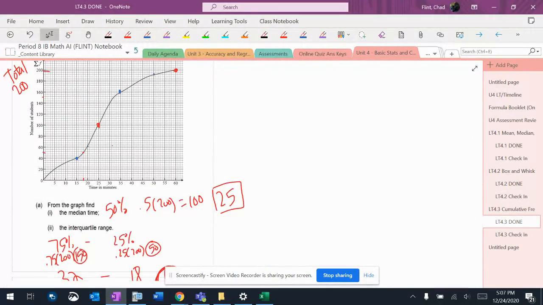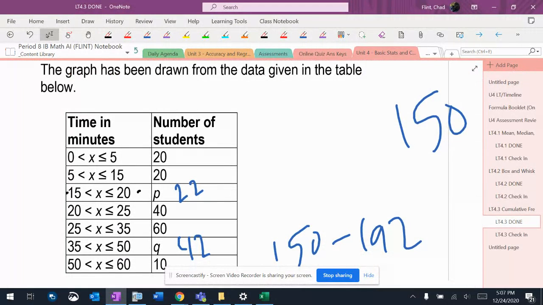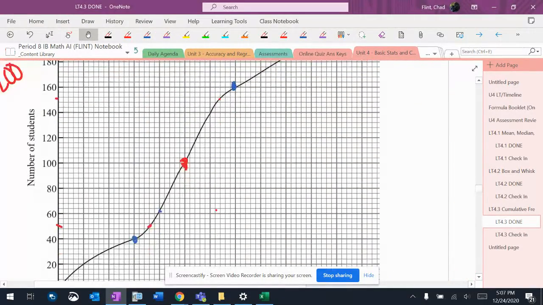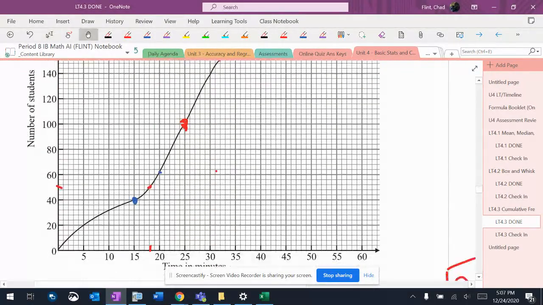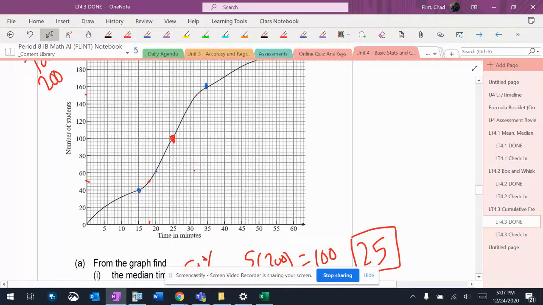Go back. 15 and 20. So 15 is at 40. 20 is at a little bit more than 60, but if I said it's 60, I can say it's 20. So we'll say this is 40 to 60, and we'll say that that's 20. And then we'll see. That should make this right here 30. But let's see what I did wrong. So 35 to 50, I must have done something wrong. So 35 and 50. 35 is definitely that.